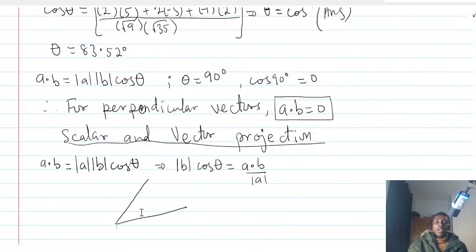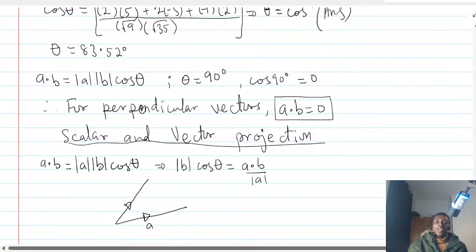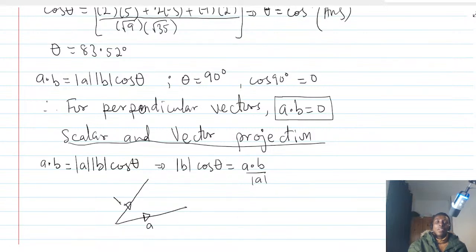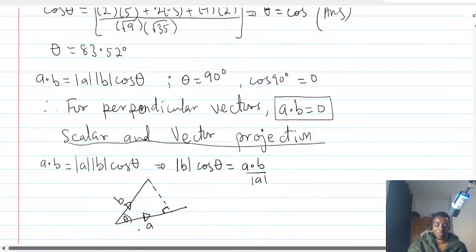Let's call one vector A and the other vector B, and let's say this is theta, the angle.